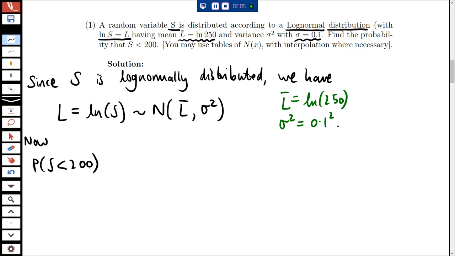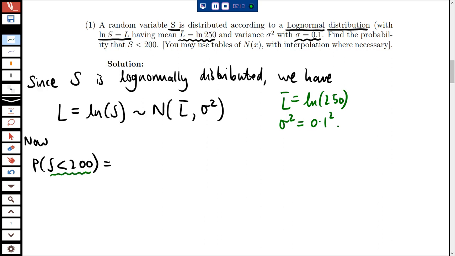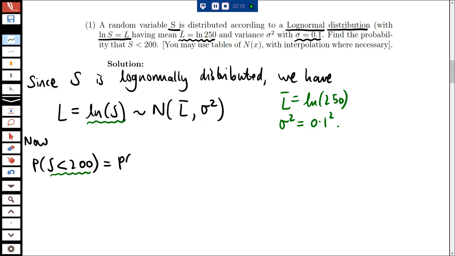We don't know much about S, but we do know about log of S. So it makes sense to rewrite this condition in terms of something we know. So naturally, we're going to take the log of both sides. These conditions, we're taking probabilities on, are equivalent.